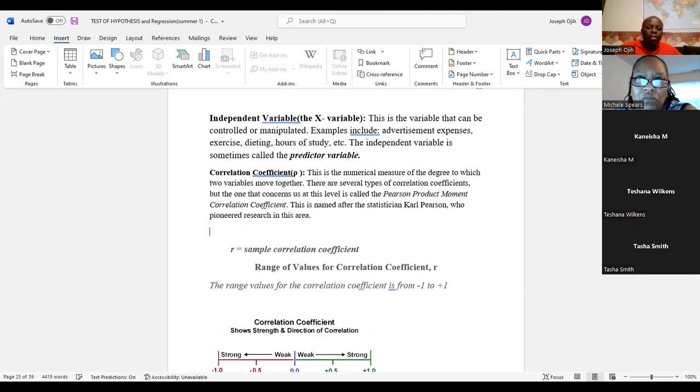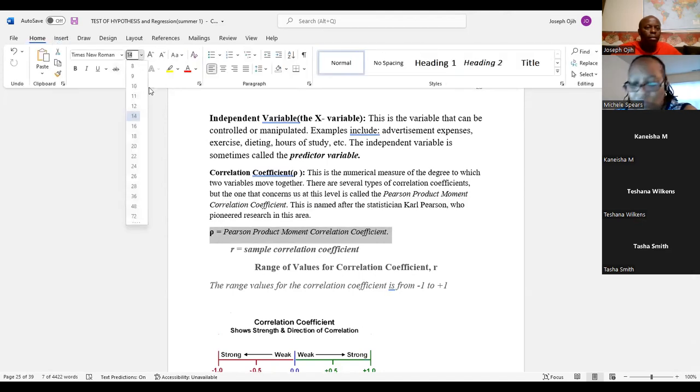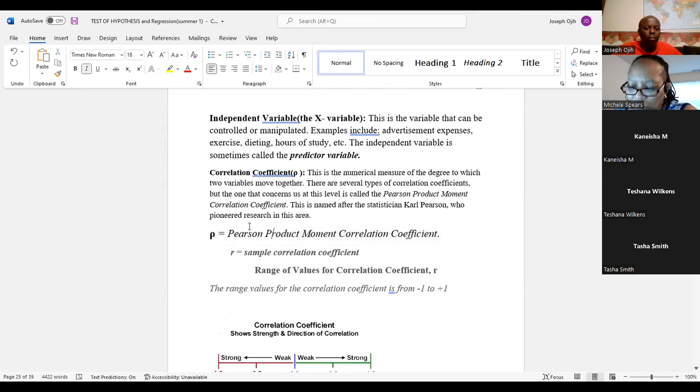We represent it with rho for the population correlation coefficient. But nobody knows what this value is because it's for the population. So we use r, the sample correlation coefficient. Rho is for the population.